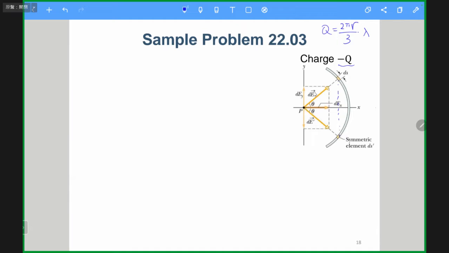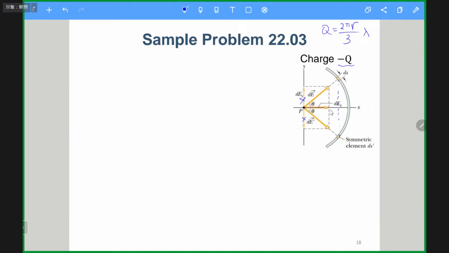This dE and dE prime have the same magnitude, but of course the directions are different. After decomposing dE prime, the y-axis components cancel each other. So the remaining component is the x-axis component, pointing to the right side.